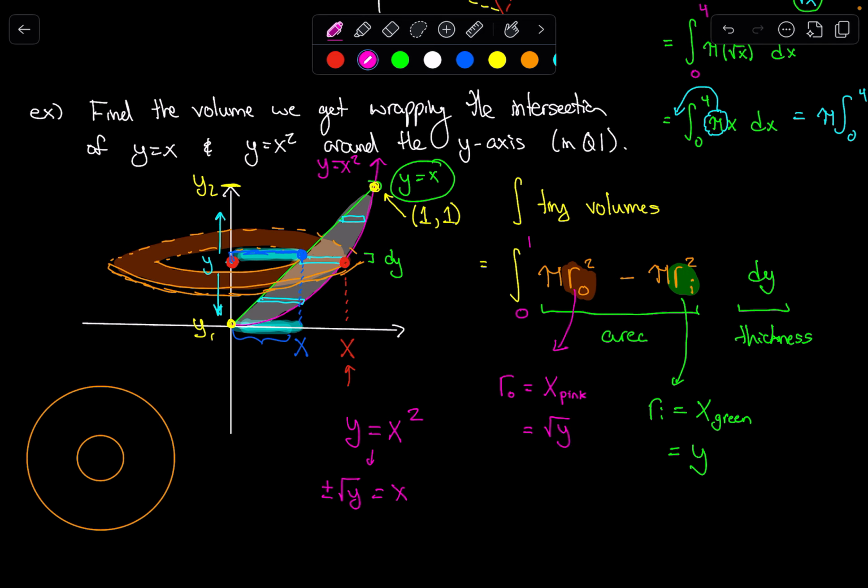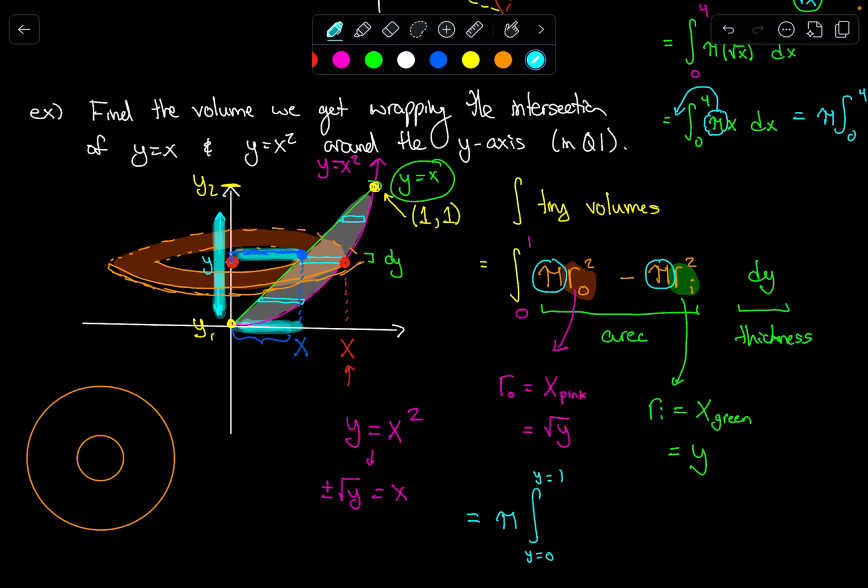And that's it. So if we put it all together, we're going to get, let's see, I could factor out this pi, and the more you do this, you're welcome to pull the pi out immediately if you'd like, but I'm going to write the pi in the front. My integral goes from y is equal to 0 to y is equal to 1, and that's represented here by the fact that I have to slide my y value up and down.